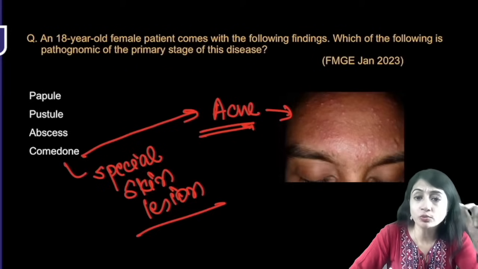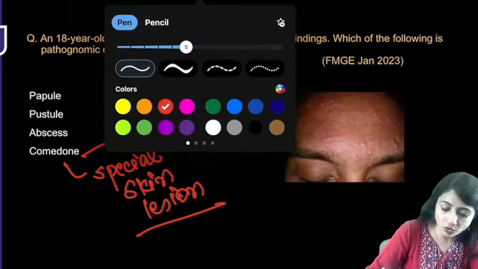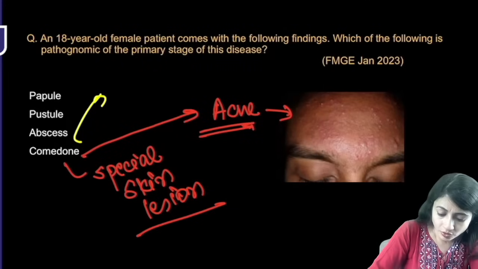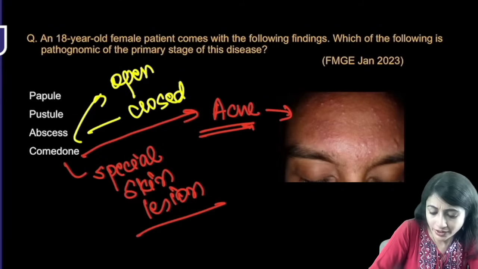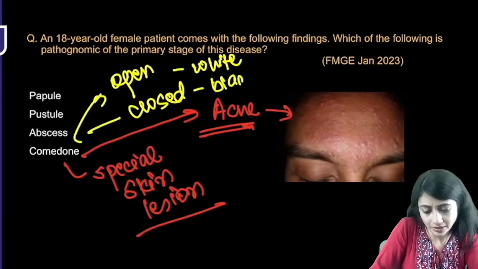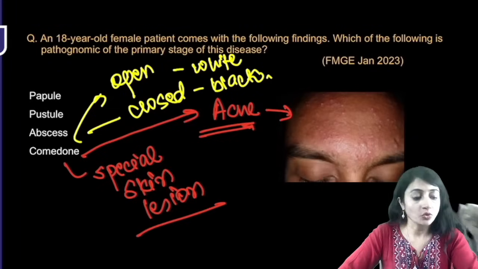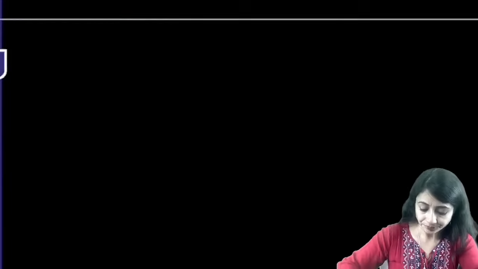What is comedone? Comedone is a blocked pilosebaceous duct, and comedone can be both open and closed. Open comedone is called as whitehead, and closed comedone is called as blackhead, right? So you all are right. Comedone is the answer here.